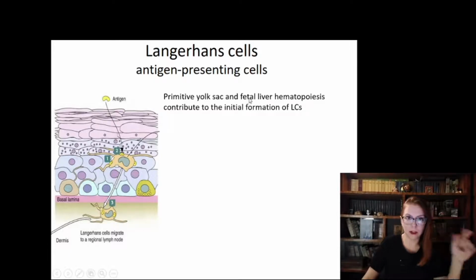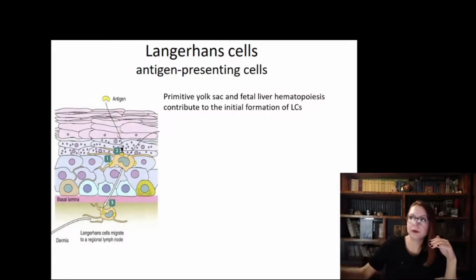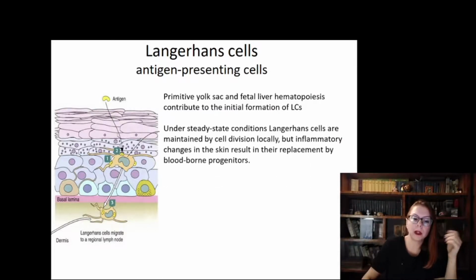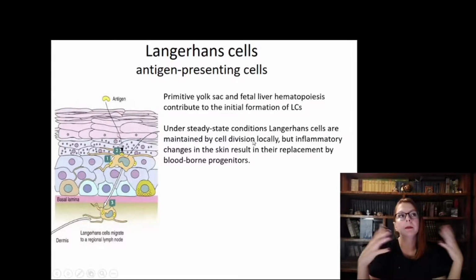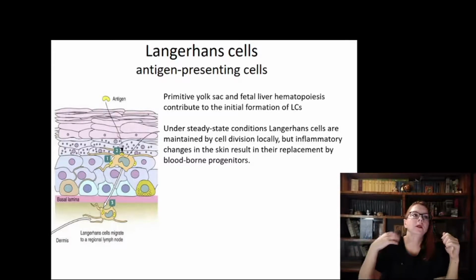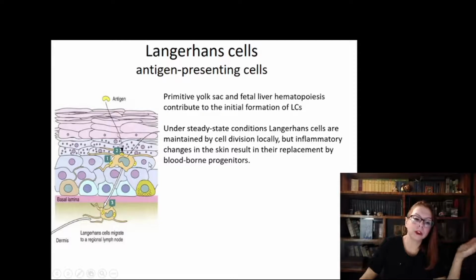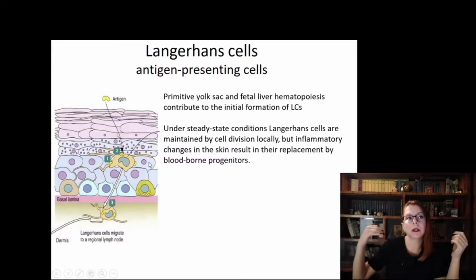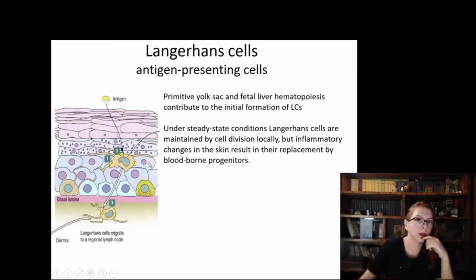As you remember, in the fetal period, liver is used as a hematopoietic organ. So they arrive to the skin, reside here, and stay for the whole life. Under steady state, Langerhans cells can maintain their population by division, but after acute injury, their pool might be replenished by monocytes of the bloodstream and by bone marrow derived cells.